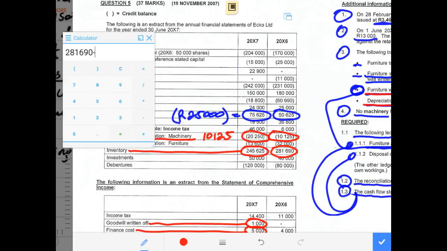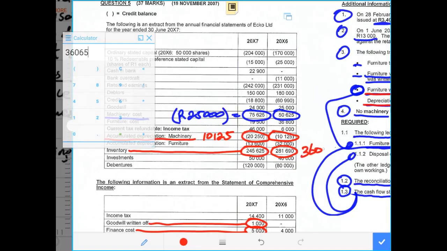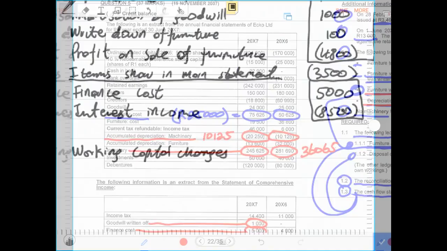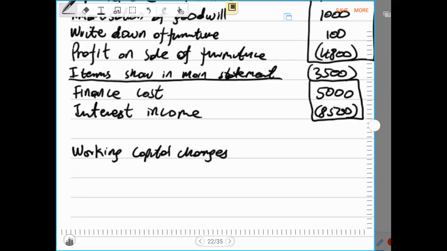281,690 minus 245,625 will give us an amount of 36,065. That will be the amount by which our inventory decreased. And when inventory decreases, as I said to you, we always assume cash basis. Therefore now we will say decrease in inventory means we sold inventory and money was received.